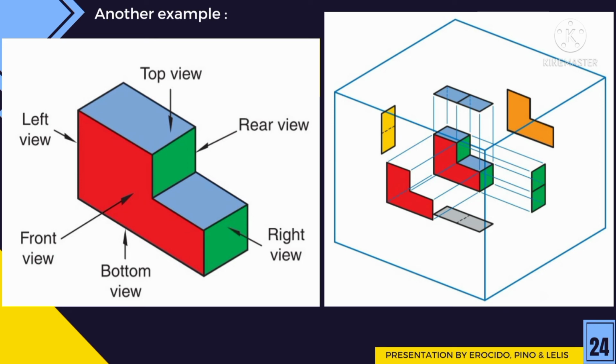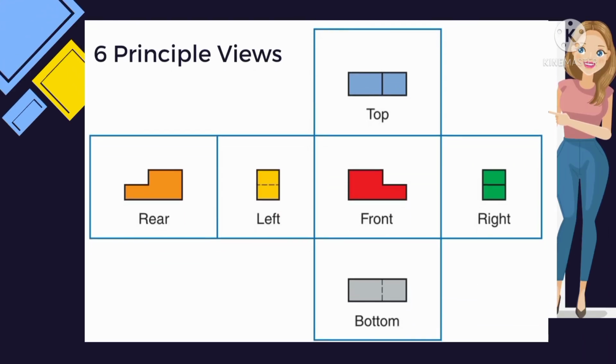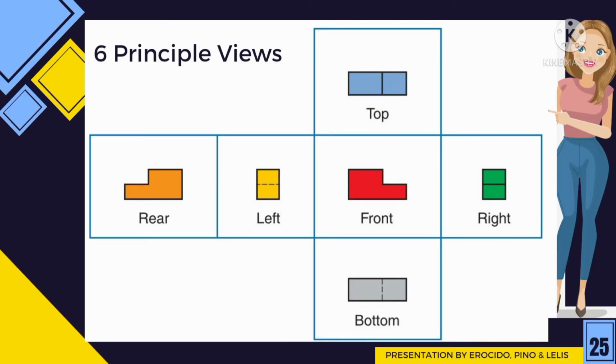This page shows another example picture of the six principal views of orthographic projection. First is the top, second is the rear, third is the left, fourth is the front, fifth is the right, and the last is the bottom.